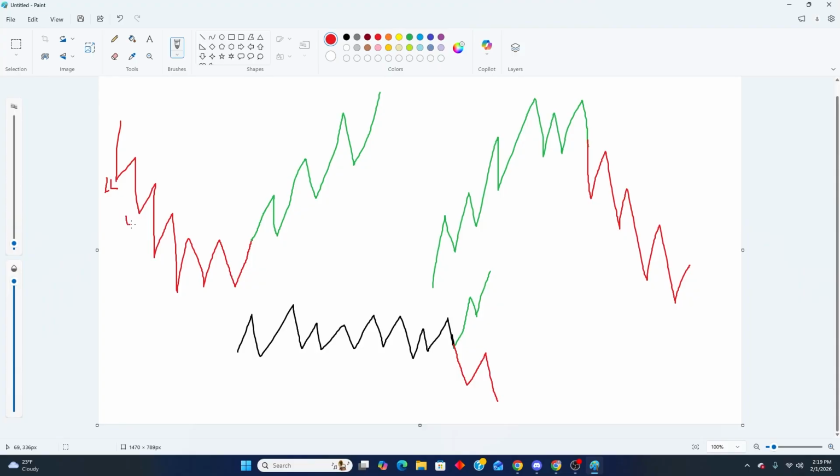Lower low, lower high, lower low, lower high, right? So you have a sell structure coming in, but then here's what you noticed, right? We're not making no lower lows no more. We're stopping. We're just ranging now.